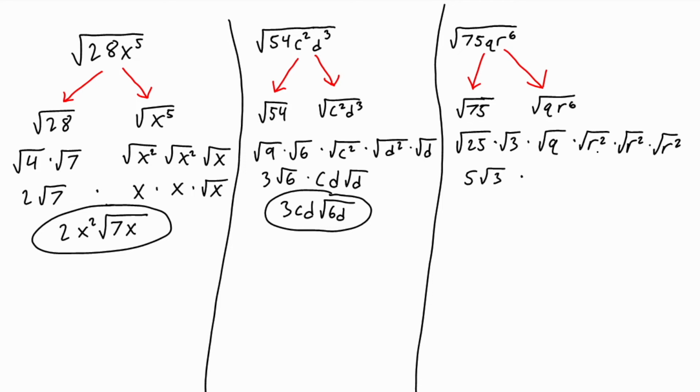Square root of r squared is r, three times, times the square root of q. So we've got outside first, 5 times r times r times r, or r cubed, because we have 3 r's. And then inside, square root of 3q.